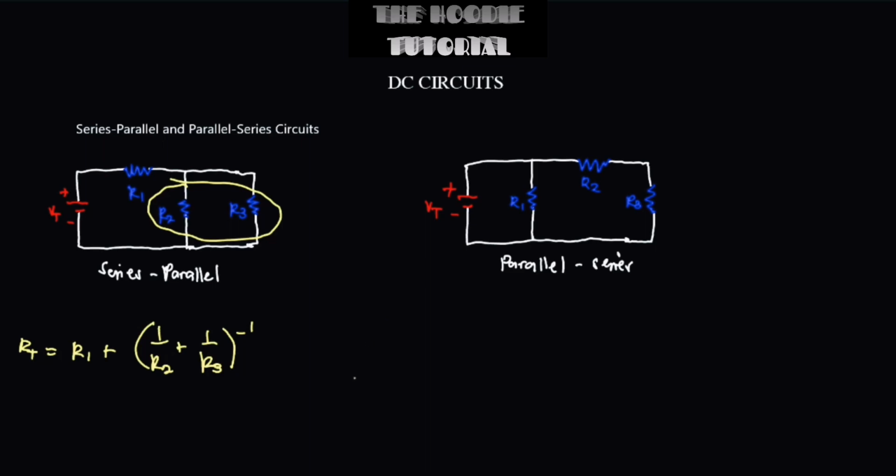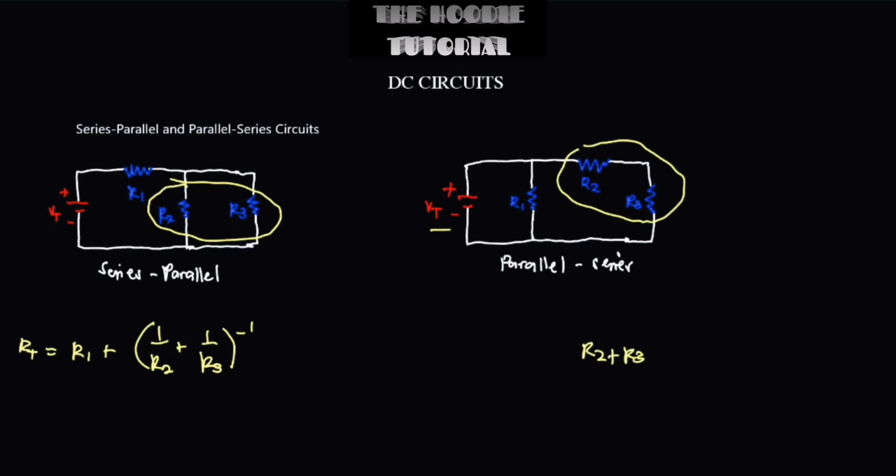Let's go to parallel series. The first thing you have to look at in here, especially when your circuit only has one DC source, is that R2 and R3 are connected in series, so we can add them: R2 plus R3.